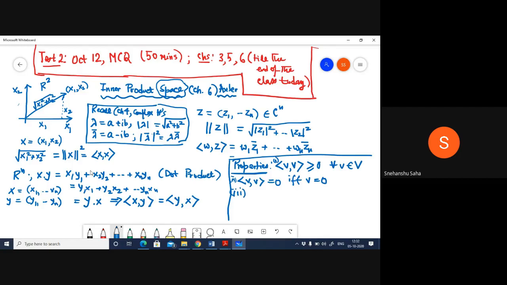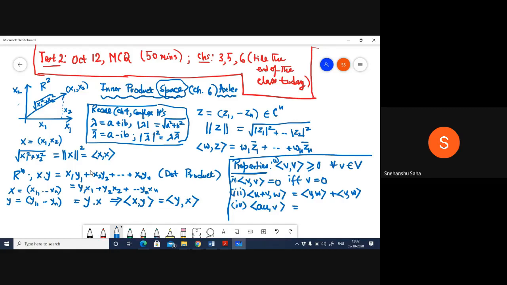The third property is additivity in the first component, which means that if I have this, then this is nothing but this.